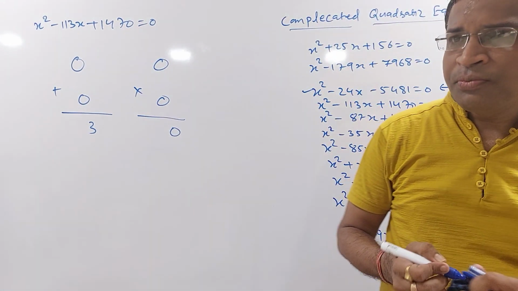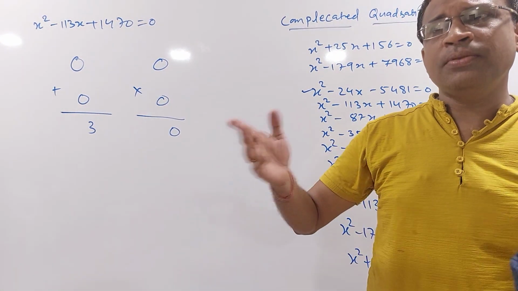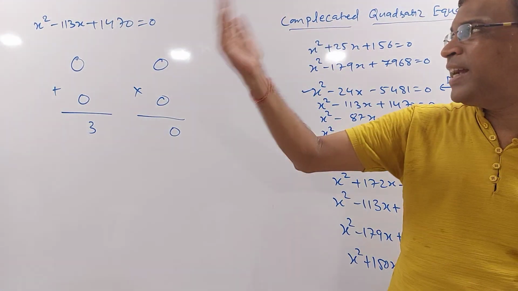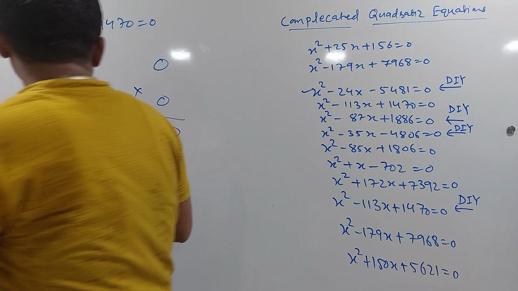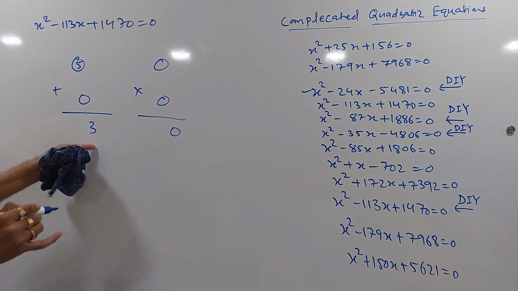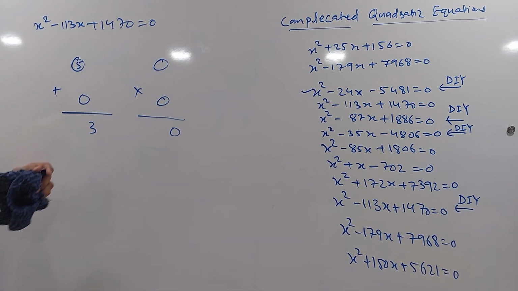That means it could be one number ending in 5 and another number even, because 5 into even ends in 0. If one number is 5, then in order to get 113, or 3, as the sum, we need to figure out the other number accordingly.